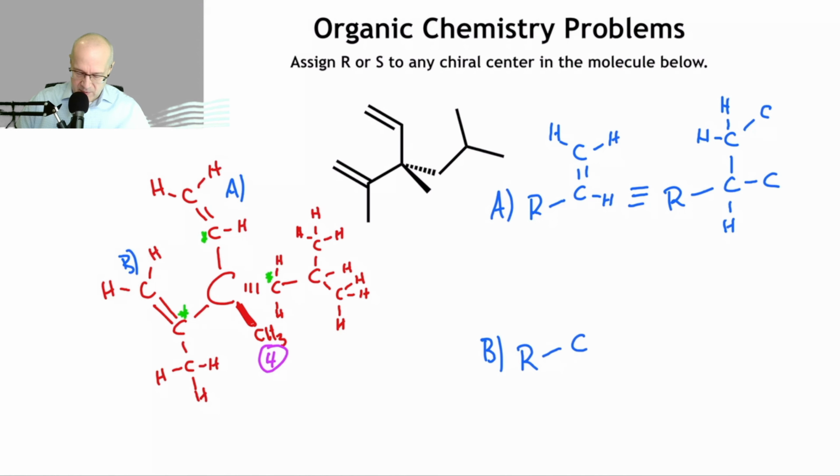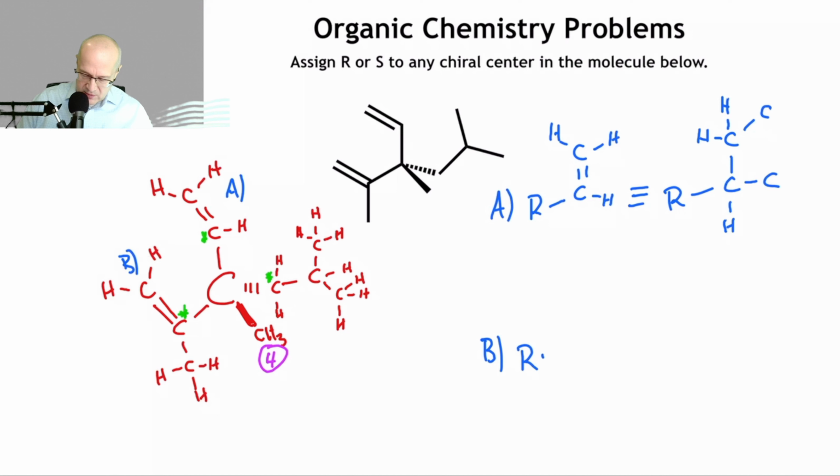R, carbon, carbon, carbon, carbon, carbon, CH3, carbon, hydrogen, hydrogen, carbon. Okay, so this is the breakout for, oops, I meant to draw that. Let me fix this real quick so it's more clear.